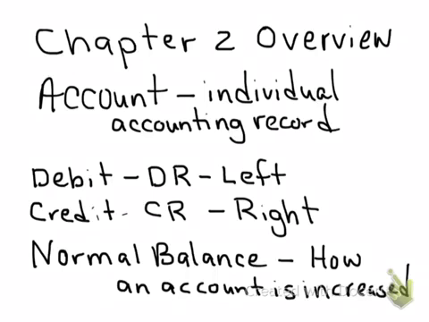We have other accounts such as the capital account that would be increased on the right side and would therefore be a credit. So with normal balances, some accounts are increased with debits, some accounts are increased with credits, and so we just have to know what's going on with each account.